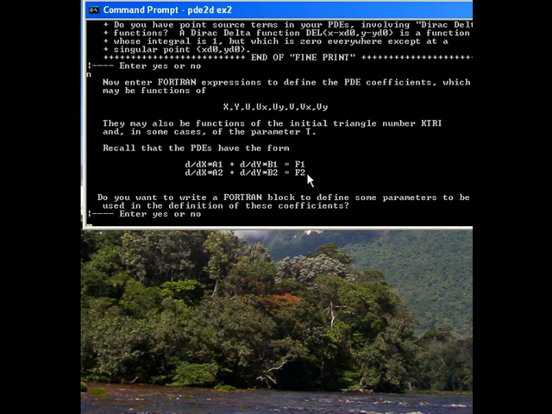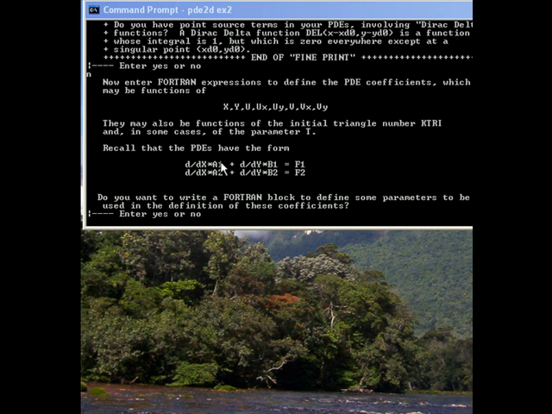Actually it'll be plus 10, because remember that the equation was rho u_tt equals this minus F2. So F2 will actually be 10, because if you take it on the other side, it'll be minus 10, which is what we want.